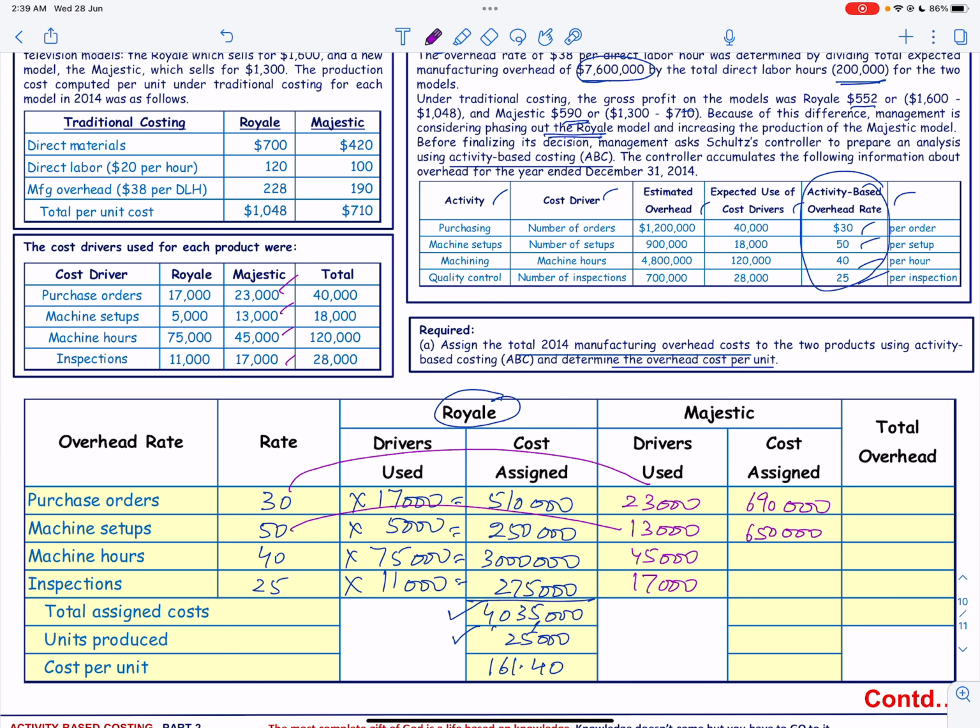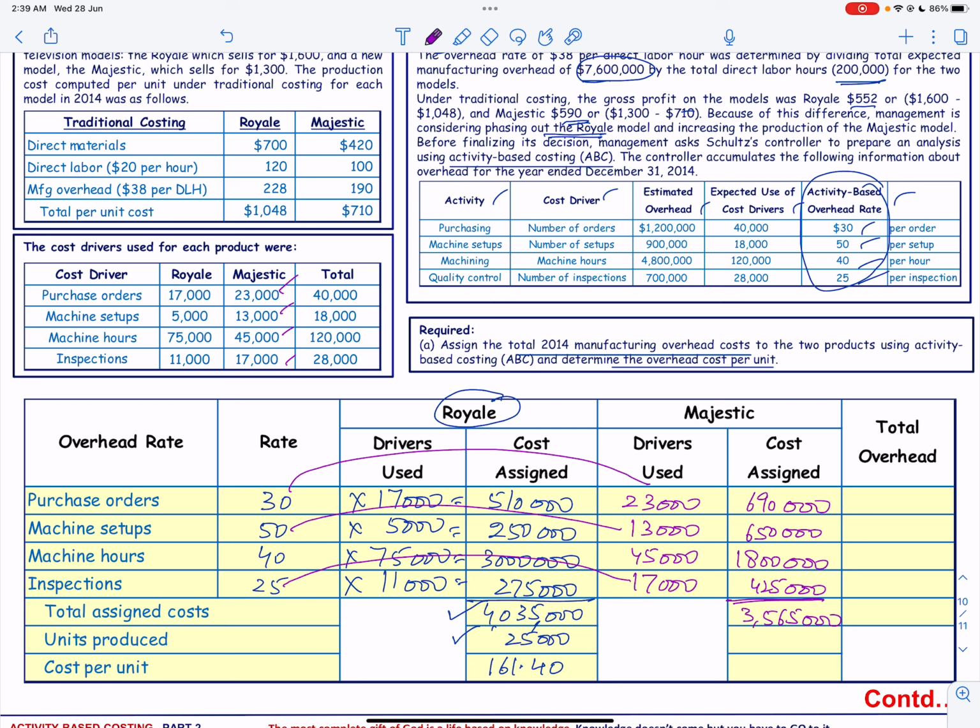Then we have 40 times 45,000, that is 1,800,000. And then finally we have 25 times 17,000, that is 425,000.